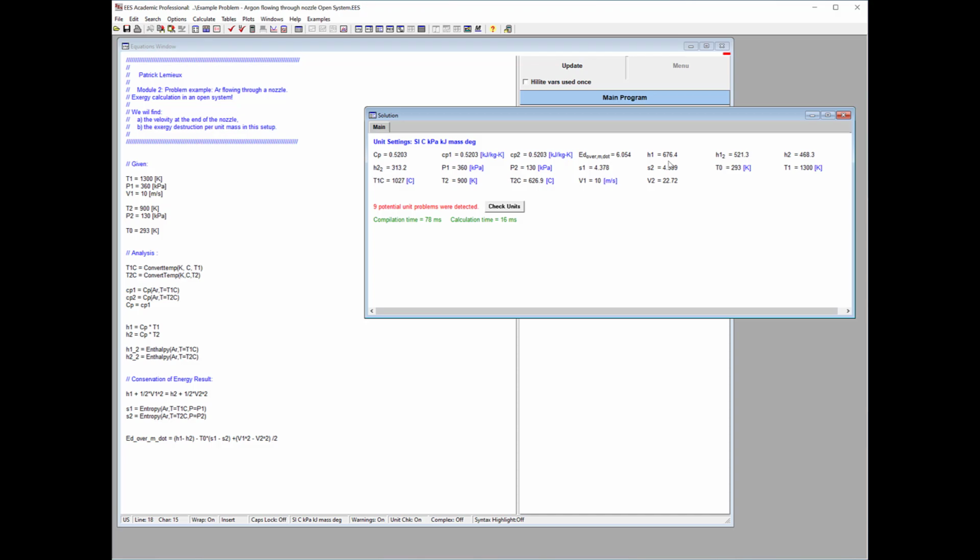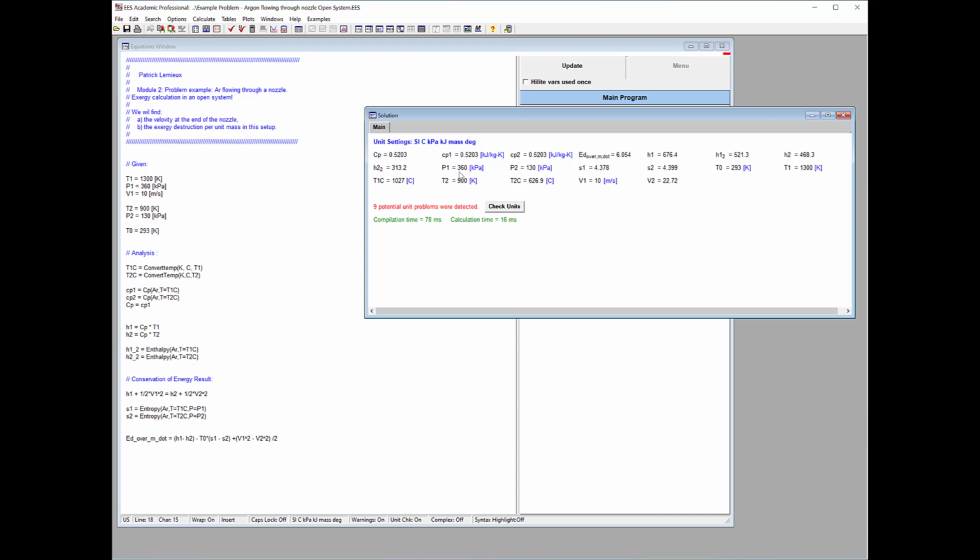And H1 is this. The second H1 is not the same. This is again using the ideal gas law, cpT, and this is using the enthalpy function. So that's not looking too good, right? Why are our enthalpies so off on both sides? Well, we'll investigate this a little bit more in a moment.